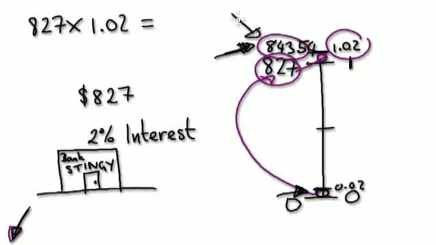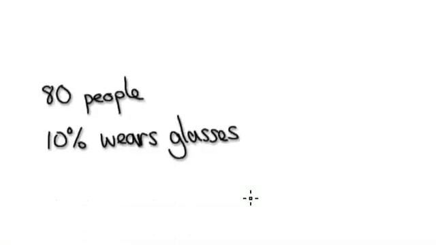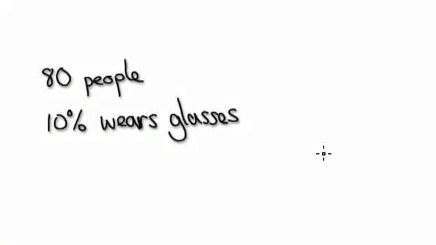So this would represent how much money you have at the end of the year. Okay, it's basically your original amount plus the 2% amount that the bank will give you as interest.